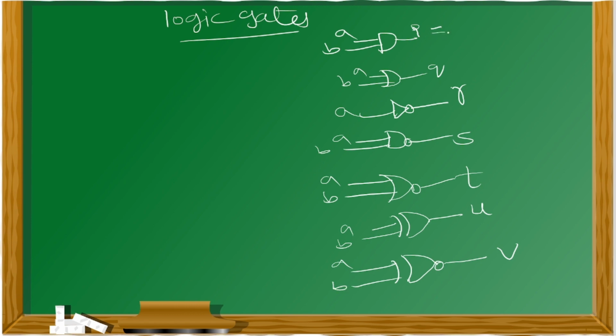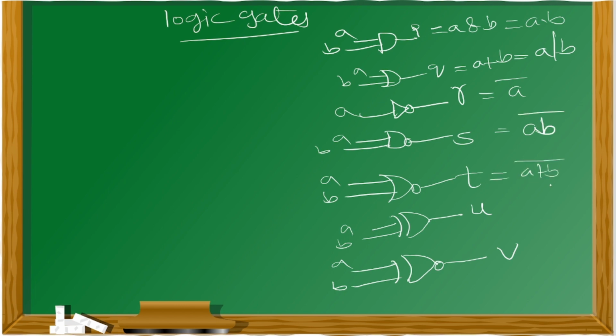So here, P is equal to A AND B, and Q is equal to A OR B, which means A plus B. R is equal to A bar, S is equal to AB whole bar, T is equal to A plus B whole bar, U is equal to A XOR B, and V is equal to A XNOR B. We can also write this as A XOR B whole complement.